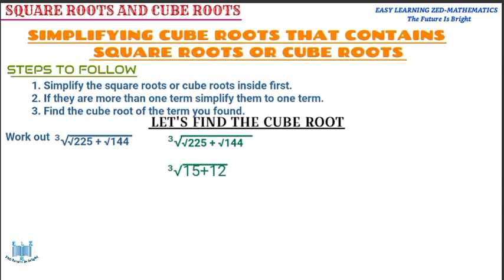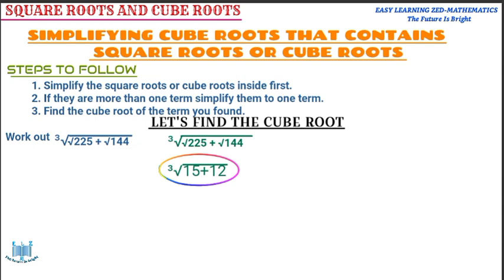Now I'm done with the first step, which is simplifying the square roots or cube roots inside first. As you can see, there is no square root inside the cube root, which means I've simplified the square roots which were given.